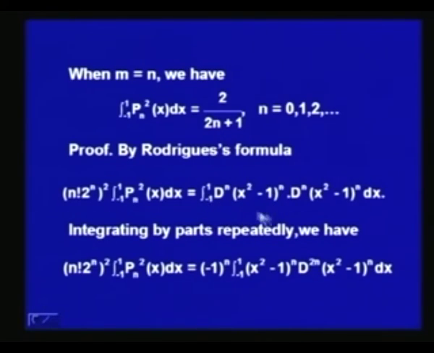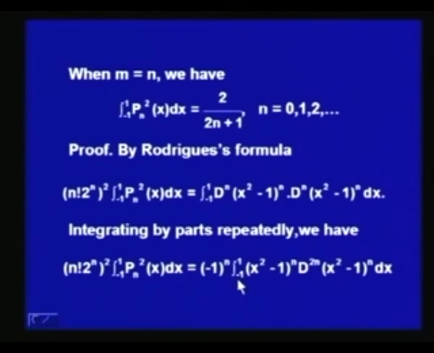So, after integrating it once, we will have its value as minus the integral over minus 1 to 1 of dn minus 1 (x square minus 1)^n into dn plus 1 (x square minus 1)^n dx.